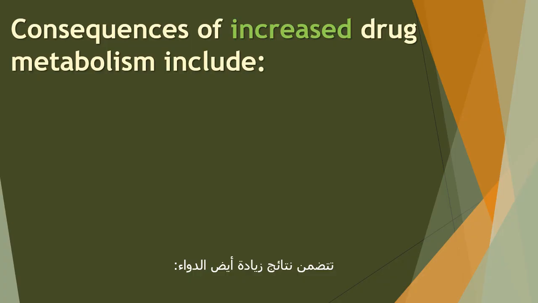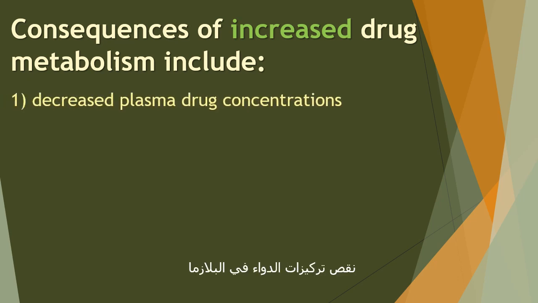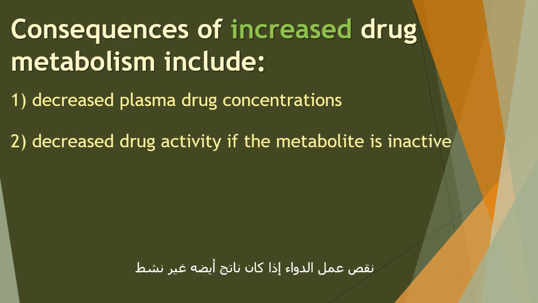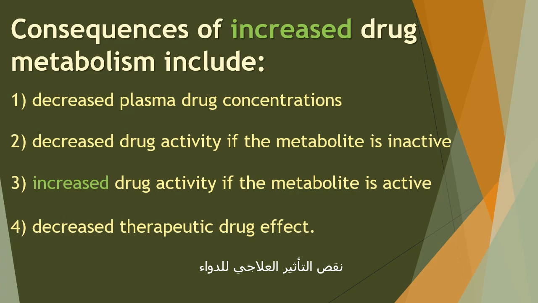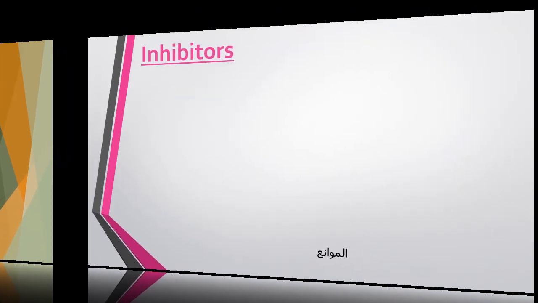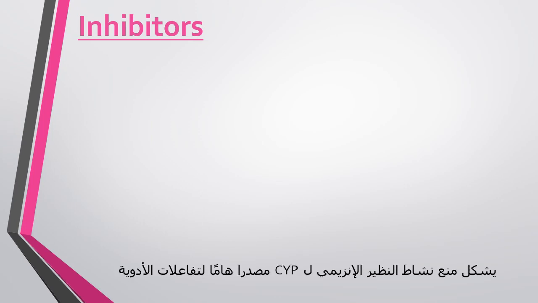Consequences of increased drug metabolism include decreased plasma drug concentrations, decreased drug activity if the metabolite is inactive, increased drug activity if the metabolite is active, and decreased therapeutic drug effect. Inhibitors.